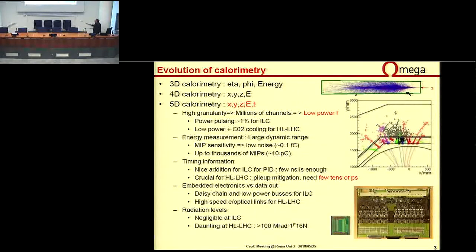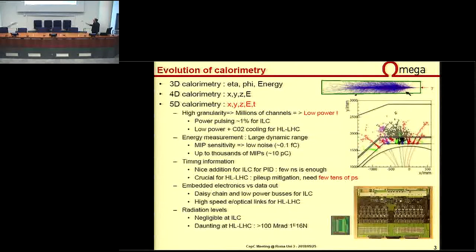It is crucial for the HGCal in order to avoid the pileup and determine the tracks of the particles, whereas for the ILC, it's not mandatory for the ECAL, and a few nanoseconds are requested for the HCAL.